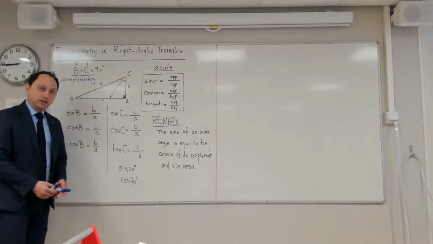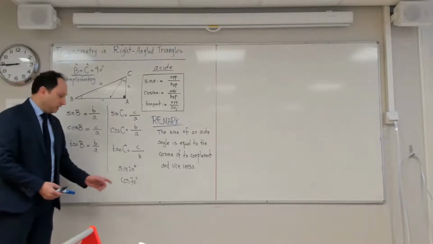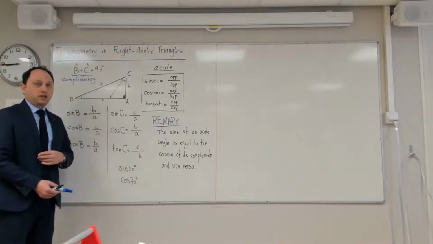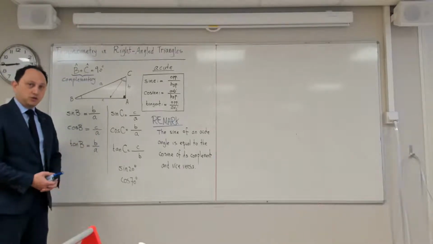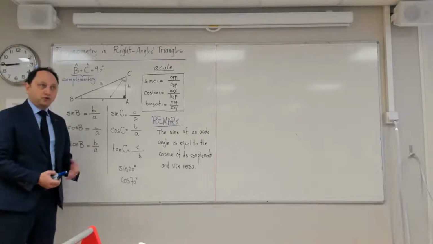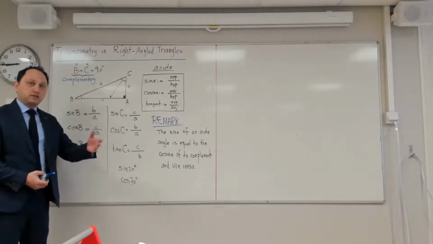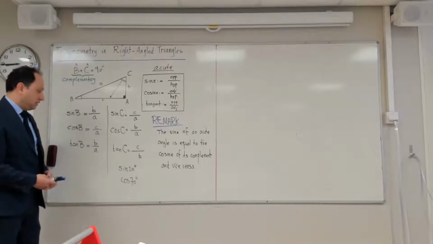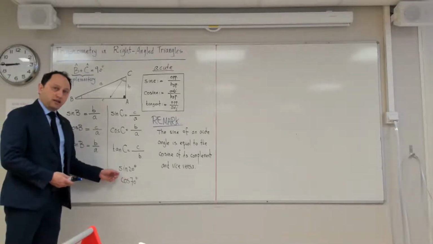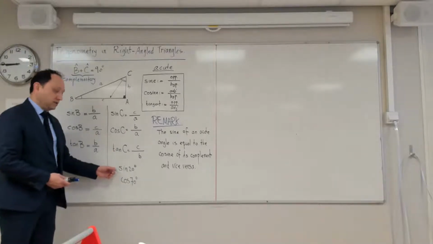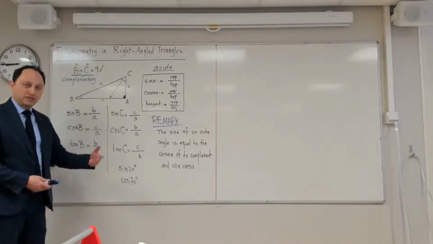By the way, it's very important for this coming exam: there are two modes for trigonometry in your calculator. One of them is the degree mode, and the other one is the radian mode. The radian mode we will study in Math 4. So make sure that your calculator for this course is always in degree mode, otherwise you will get wrong answers.